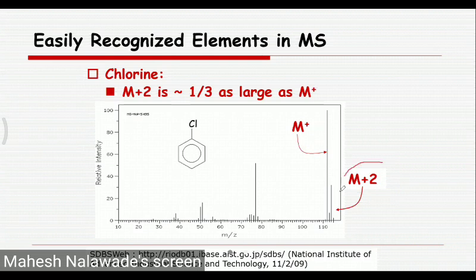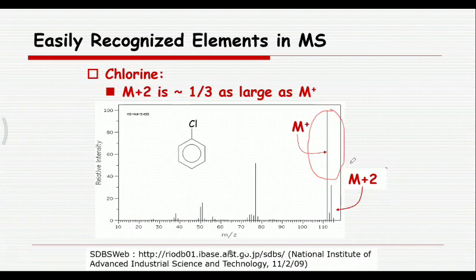Okay. Here, next to your molecular ion peak, there is a small peak at the M+2 value. That is because of the chlorine 37 isotope. Now, talking about the relative abundance. The relative abundance of chlorine 35 and chlorine 37 is 3:1.